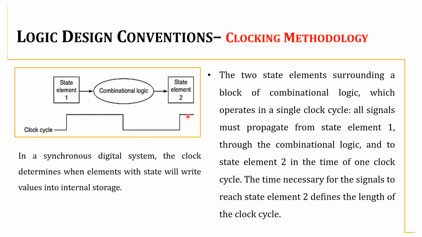All signals must propagate from state element 1 through the combinational logic to state element 2 in the time of one clock cycle. The time necessary for the signals to reach state element 2 defines the length of the clock cycle.